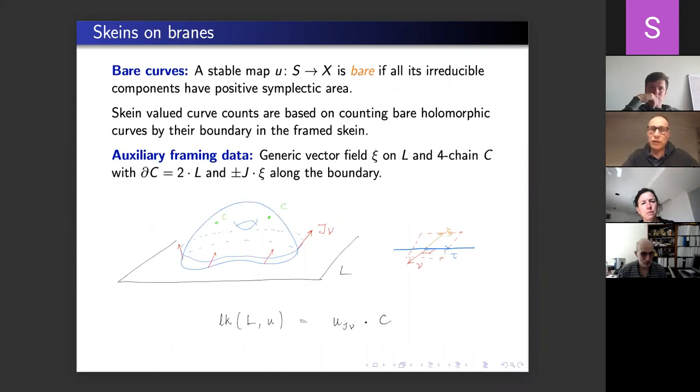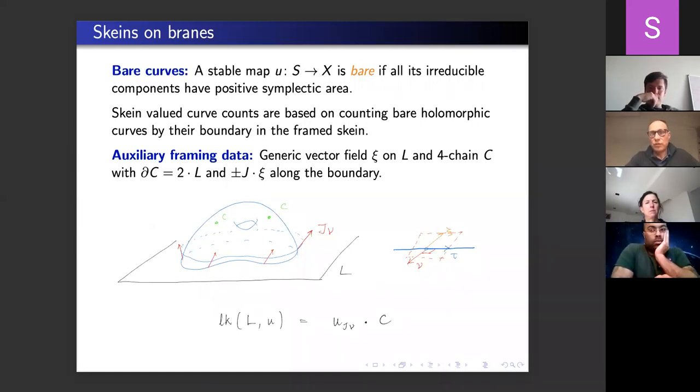What I'm going to try to explain now is how we actually count curves in the skein. Normally when you count holomorphic curves, you count stable maps. What does stable mean? If you look at the moduli space of such curves, it could have nodal curves: one curve, another curve attached to it, and so on.